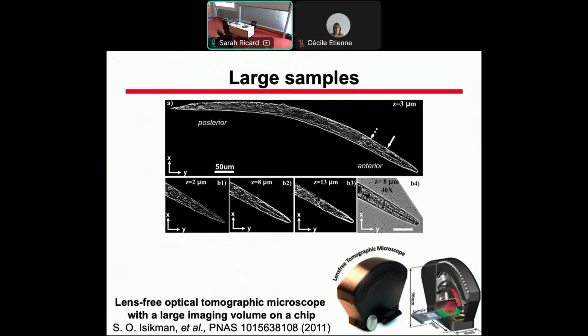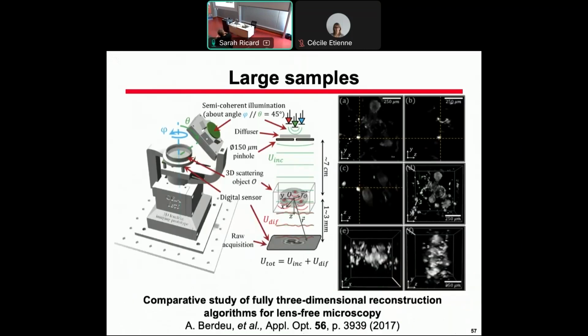It has been pushed even much further by a group at the ESRF in Grenoble. So you recognize here the arm where you can change the phi angle, and the theta angle is also adjustable, with semi-coherent illumination.